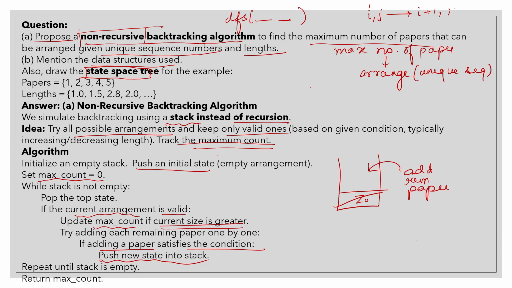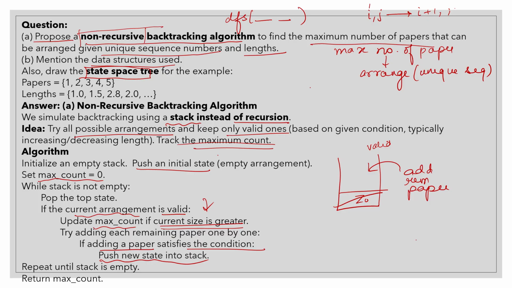Try understanding while the stack is not empty. First of all, you pop the top state. If the current arrangement is valid, that means you have reached a valid state, you go on to the next part. You update the max count if your current size is greater.